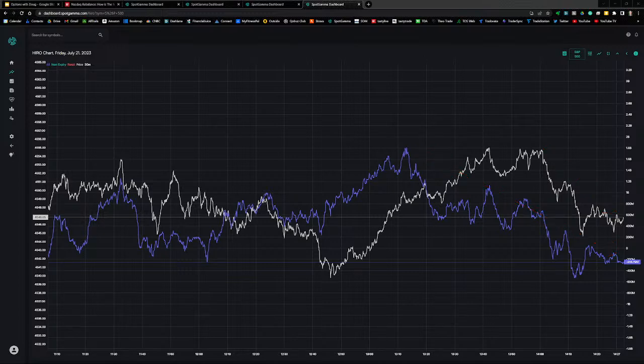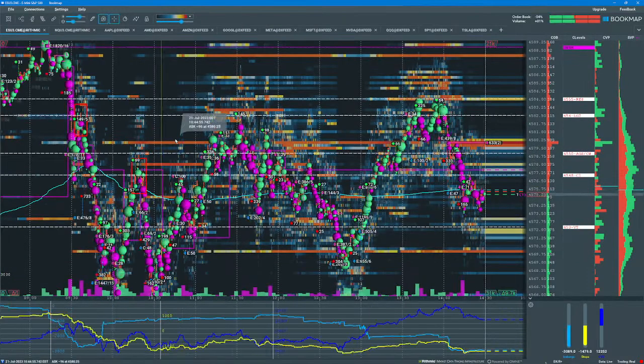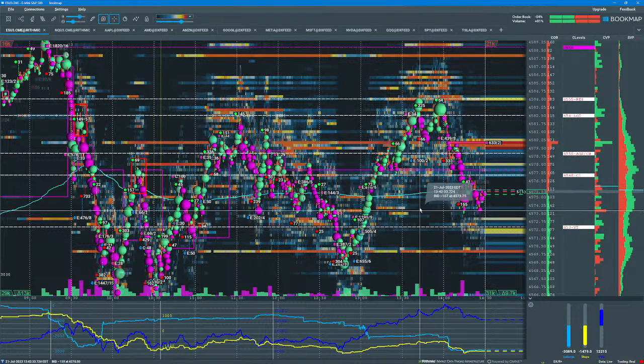Go back and take a look at the S&P 500. So far to me, the order flow still looks bearish.